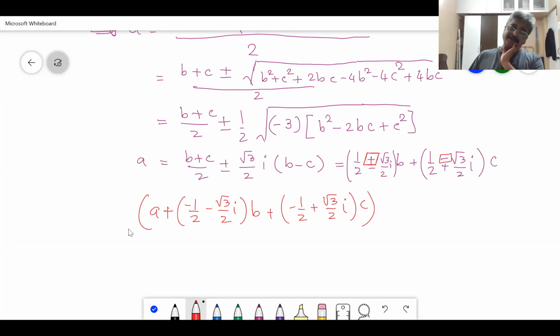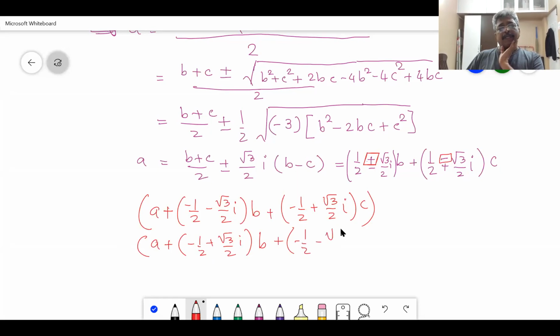This is one factor, and a plus minus half plus root 3 by 2 i times b plus minus half minus root 3 by 2 i times c. This is the second factor.